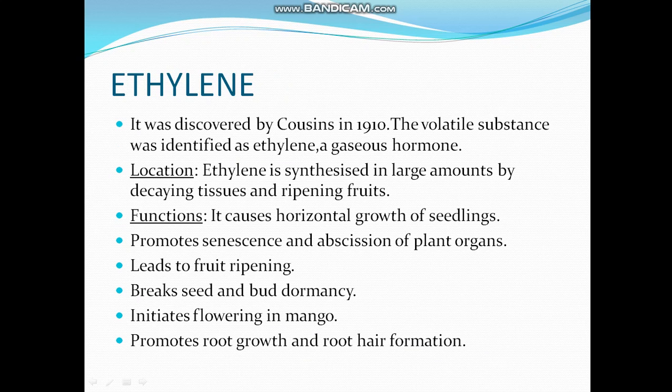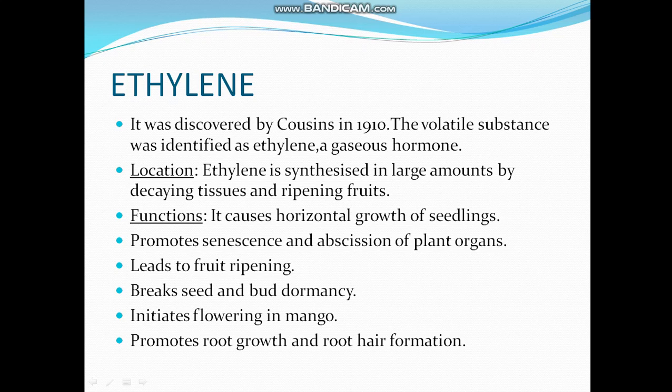Ethylene was first discovered by Cousins in 1910. The volatile substance was identified as ethylene, which is a gaseous hormone. It is synthesized in large amounts by decaying tissues and ripening fruits.